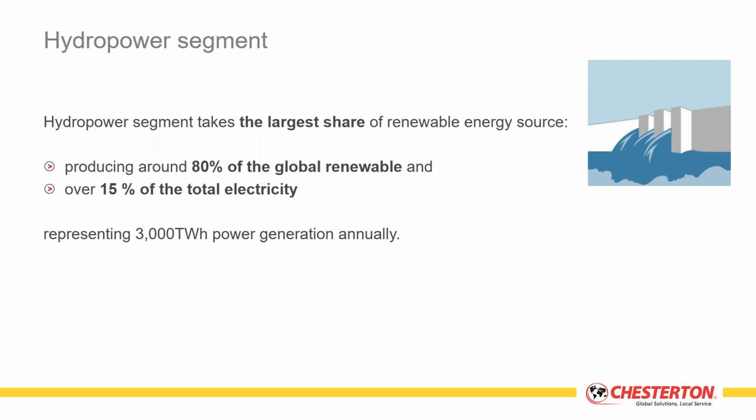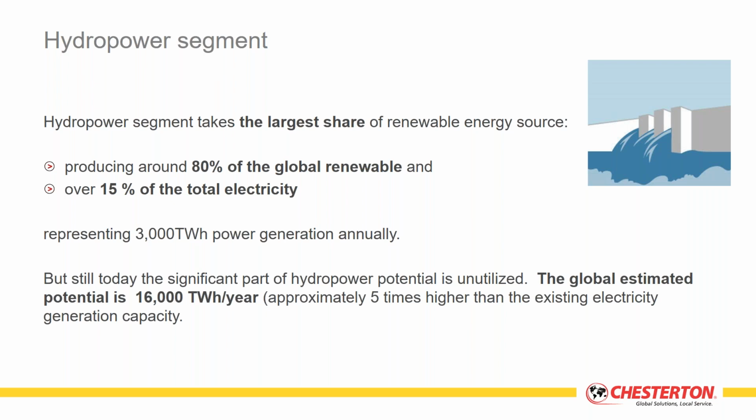This is a large number, but it is most important to understand that we are still far away from the real potential represented by hydropower and what can potentially be utilized in the future. In reality, the potential energy we can generate through hydropower in the future is something like 16,000 terawatt hours per year, meaning this is 5 times more than what we utilize today.